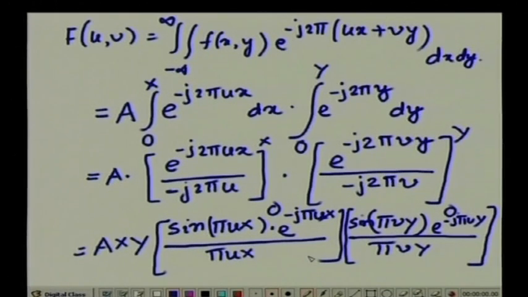From this expression, if you compute the Fourier spectrum, the Fourier spectrum will be something like this.